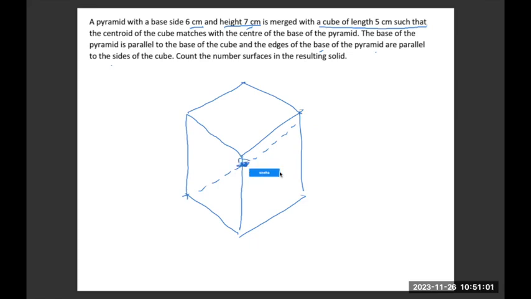Somewhere here is the base of the pyramid. So this is there. When this line is extended here, it will fall around this point.